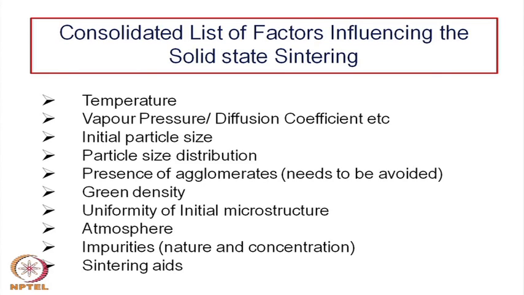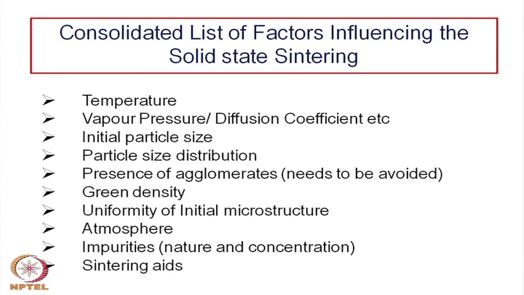Impurities also control the defect properties, and therefore the point defects in particular, and therefore by impurities you can control the sintering process. The impurities are also sometimes added intentionally. These impurities lead to some liquid phase formation, and that liquid phase facilitates sintering.